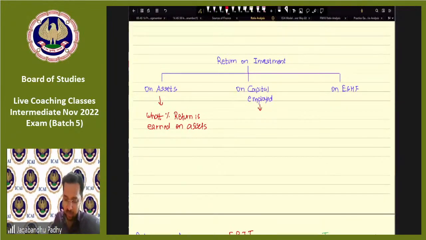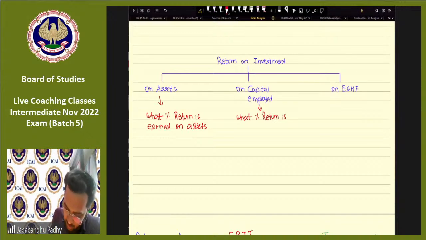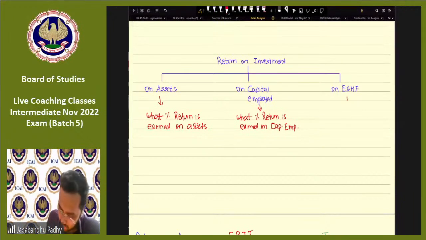Then this is telling you what percentage return is earned on capital employed. Then on equity shareholders funds, we say what percentage return is earned on equity shareholders funds.